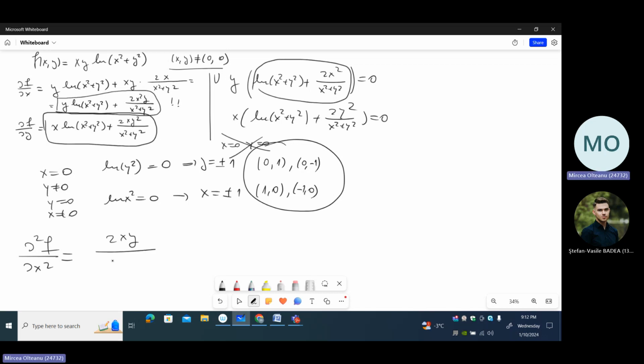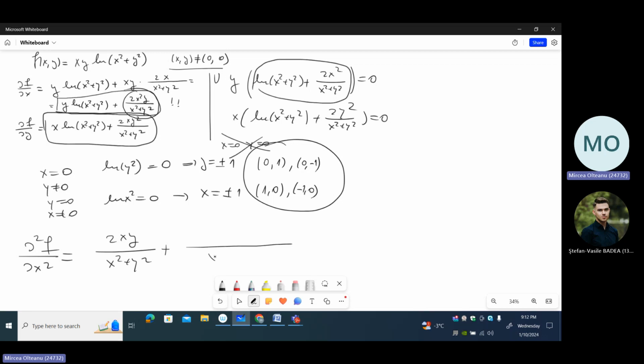So we have 2xy over x squared plus y squared, because y is a constant, and here the derivative is 2x over x squared plus y squared plus, and now this one we must differentiate with respect to x.